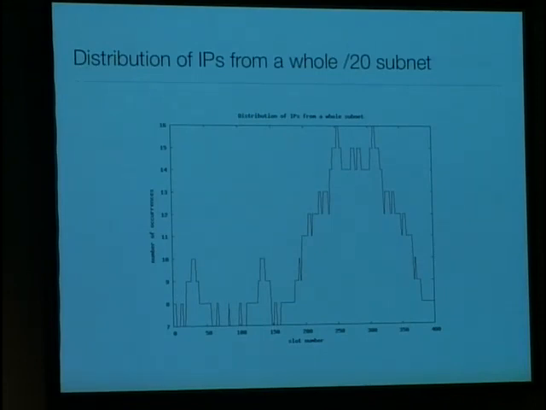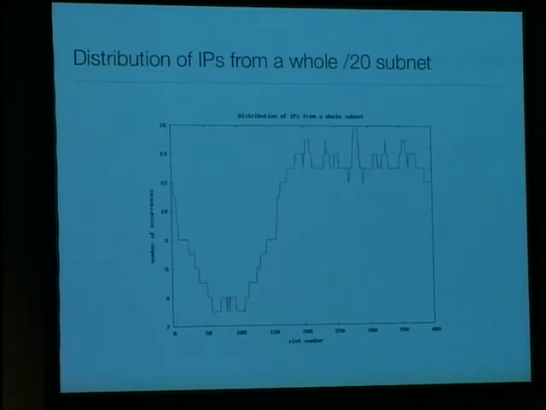I generated a few more because, as I mentioned before, every 8 seconds this random value changes. So every 8 seconds you have a different kind of curve here. So at another time frame it may look like this.